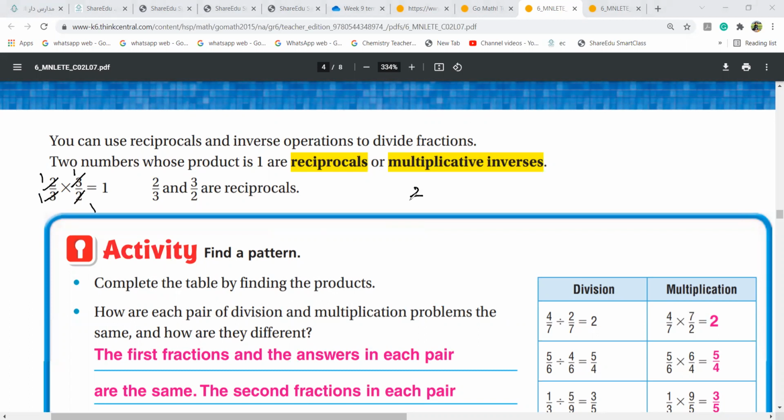If they are reciprocals, like if you multiply 100 over 10 with 10 over 100, exactly the opposite, the answer is 1. Did I say this to you?